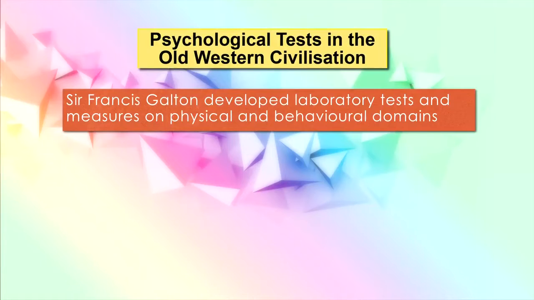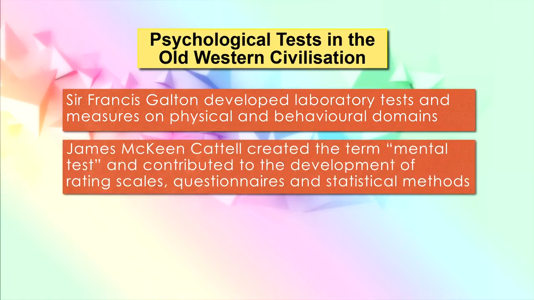Sir Francis Galton set up a psychometric laboratory in London in 1884 and conducted tests and measures on both the physical and behavioral domains. James McKeen Cattell in 1890 invented the term mental test and contributed to the development of rating skills, questionnaires, and statistical methods, which are important parts in psychology tests and measurement.